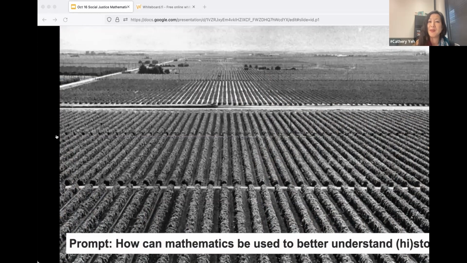So first of all, what comes to mind when you think of labor rights? Who comes to mind? Will you put in the chat, who comes to mind for you? When you think about labor rights, who comes to mind?